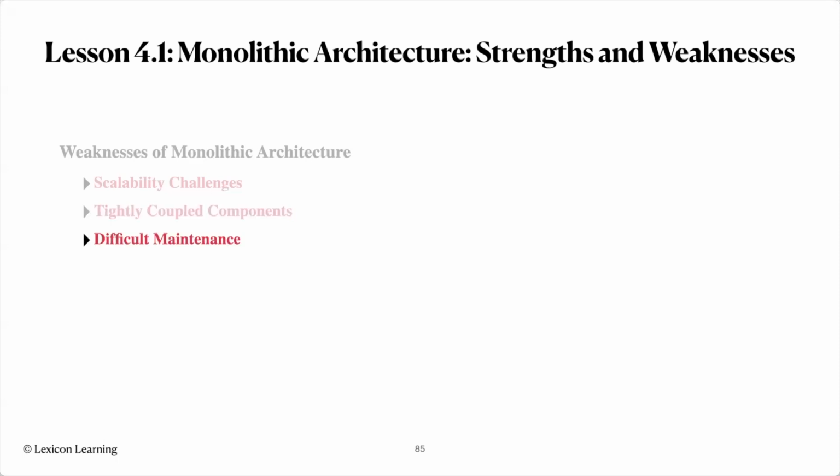As the code base grows, it becomes harder to manage, and developers may encounter spaghetti code where dependencies between components are unclear. And technology choices are constrained because all components must use the same technology stack, even if some components could benefit from different tools.